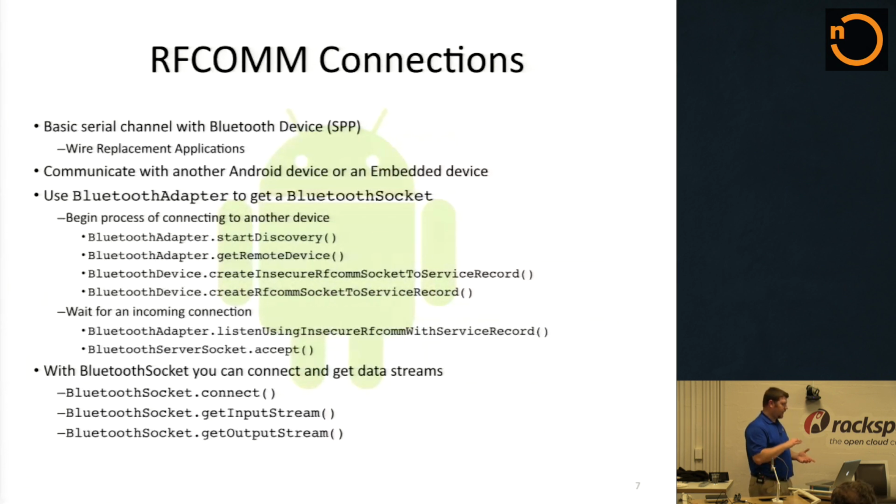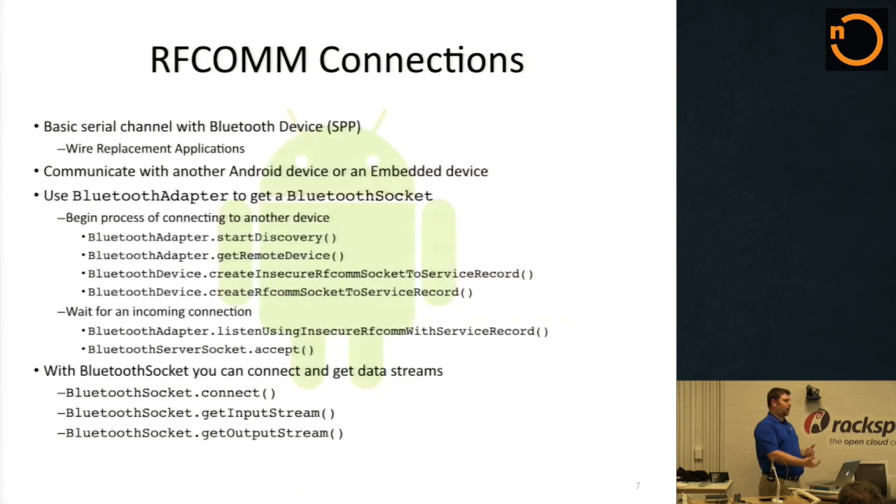Okay? Then we have these methods for creating socket connections. And notice there's create RFCOMM socket and create insecure RFCOMM socket. The difference between those two goes back to that simple secure pairing idea. So create RFCOMM socket was the first version of this method that we got that allowed us to connect to a device, but it used the old, prior to Bluetooth 2.1, standard pairing mechanism.